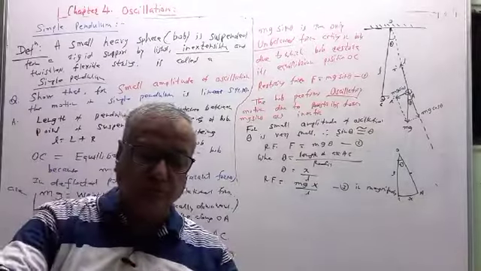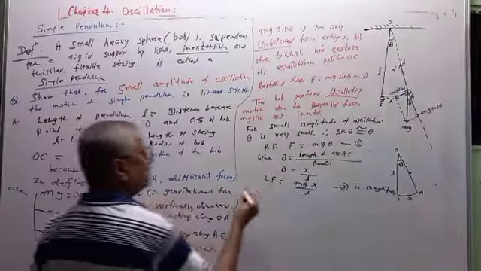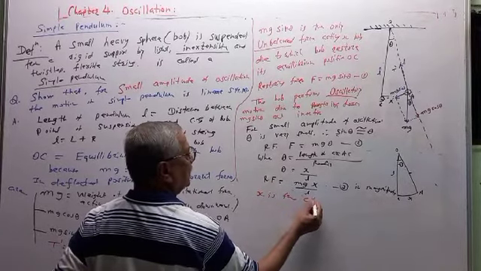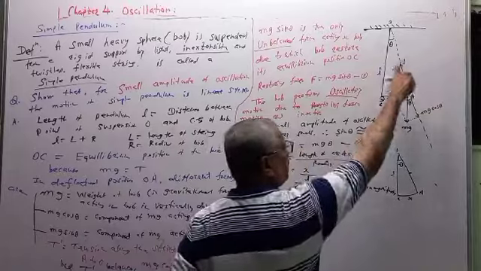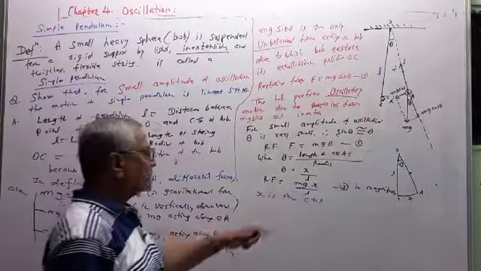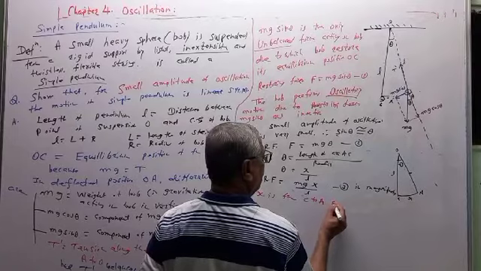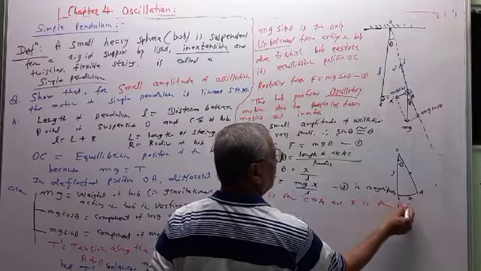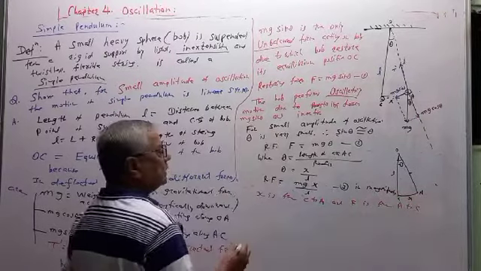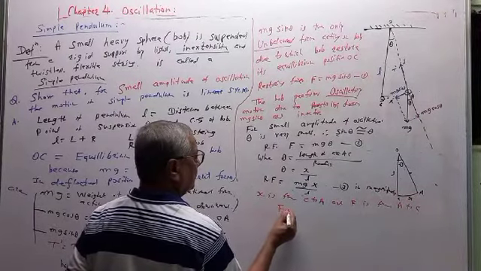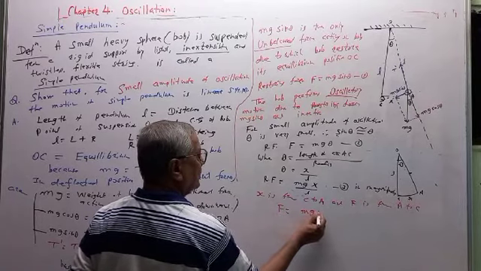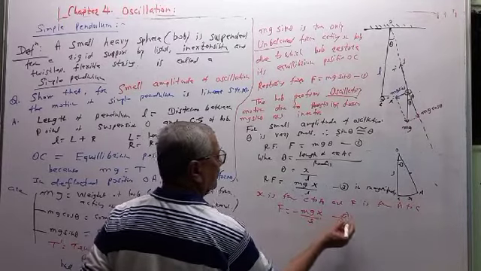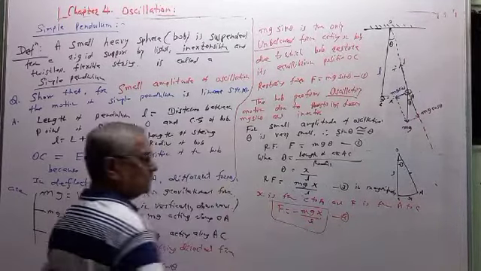Now x is from C to A. We have deflected the pendulum from C to A, so displacement is from C to A, and F is from A to C. So they are in opposite direction. Therefore, F is equal to minus m into g into x by L. This is equation 4 in magnitude and direction.